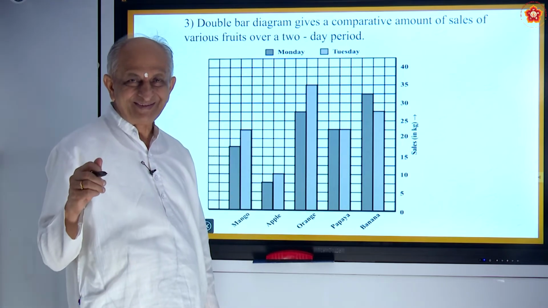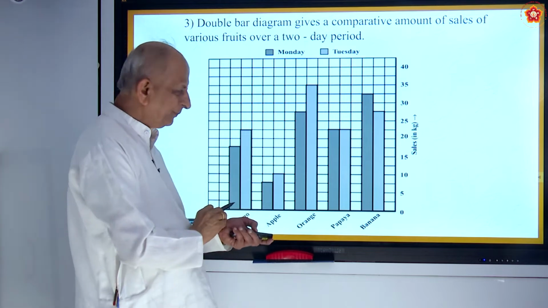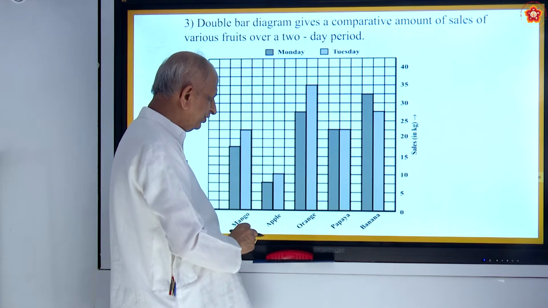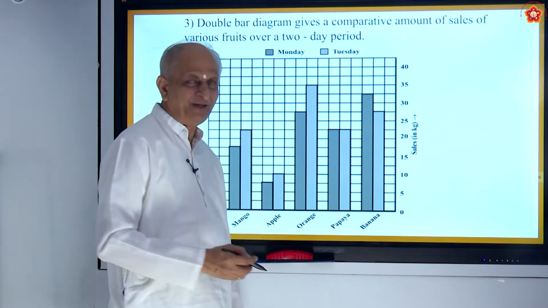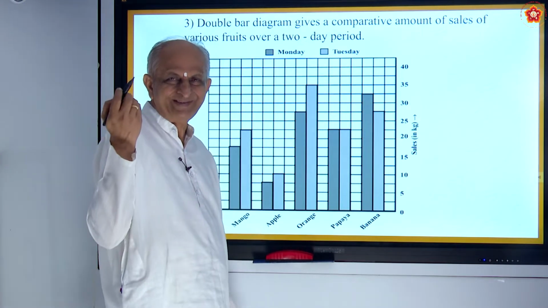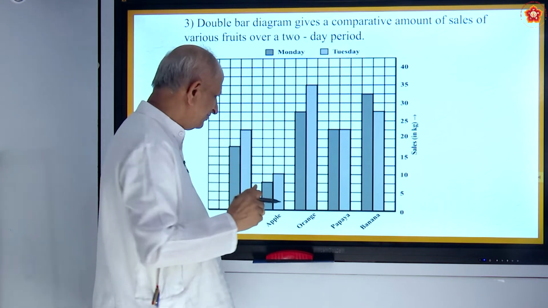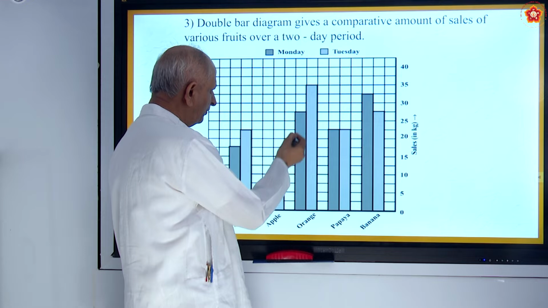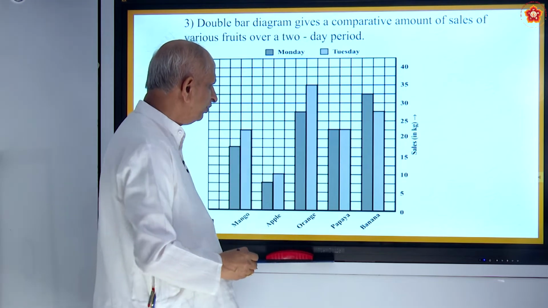Why so less? Because the cost of apple is more compared to mango and very few people prefer it even though it is nutritious. Whereas oranges are cheap and best, especially in summer, very good, containing citric acid. So on Monday about 27.5 kgs of oranges have been sold.